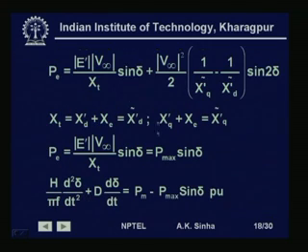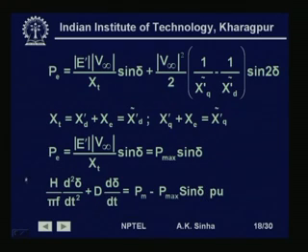Okay. So, now since we know that the electrical power output is given by this relationship, we can replace this relationship into the swing equation of the machine. We can write this swing equation for this machine now as H by pi f d2 delta by dt2 plus D d delta by dt is equal to Pm minus Pe. Instead of Pe, we are now writing this as P max sin delta.